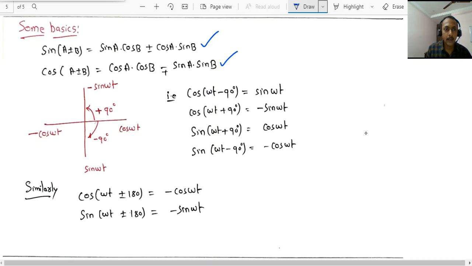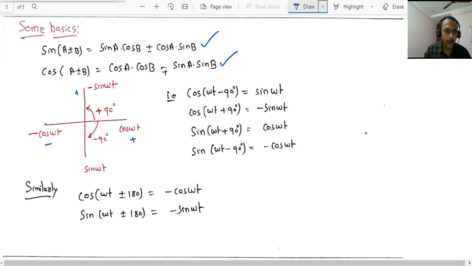Clear? And you remember this diagram. On the positive x-axis, you take cos omega t. On the negative x-axis, you take minus cos omega t. On the positive y-axis, you take minus sin omega t.